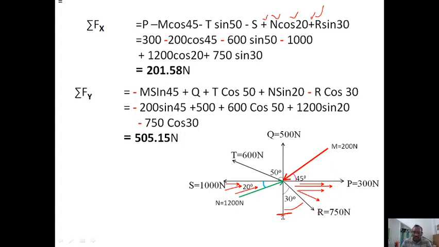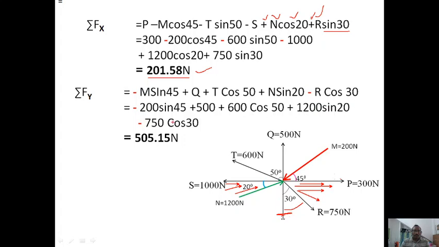Hence I need to take the sine theta, therefore sine 30. So substitute all the values, then you get the value of sigma f of x equal to 201.58 newtons, right?